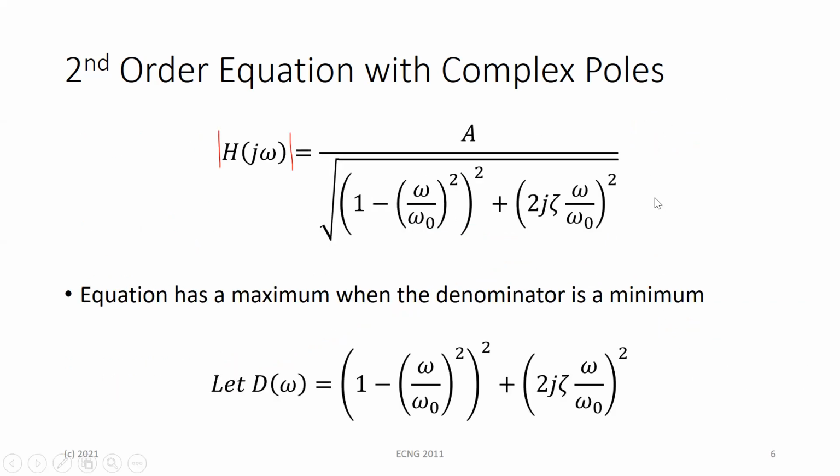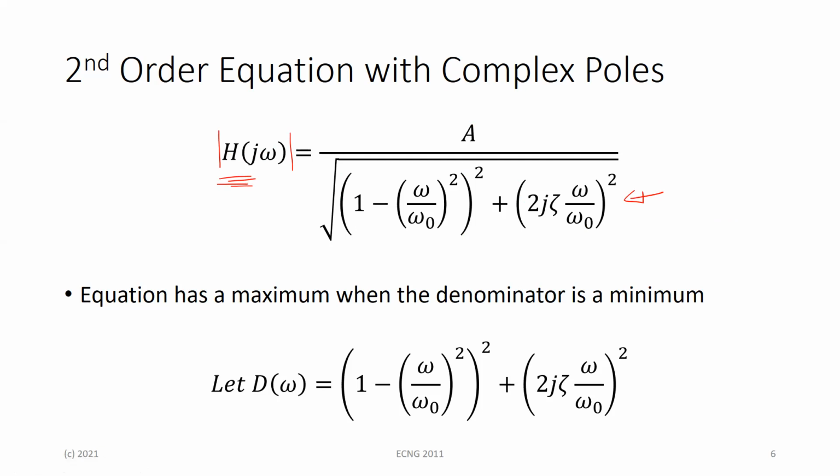If I give you an equation like this and ask what the maximum value of this is, the maximum value of an expression looking like this would be when the denominator is at its minimum. Whenever this hits its minimum, then A over that minimum will be the maximum value of the magnitude of H(j omega).